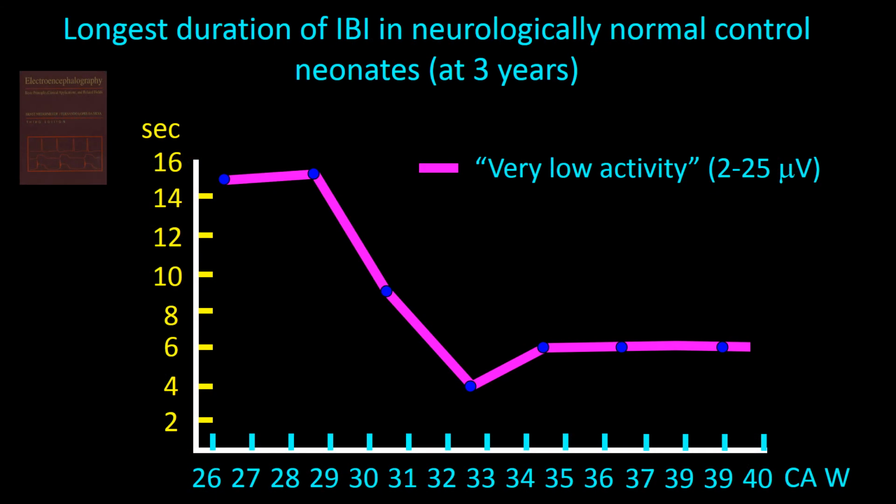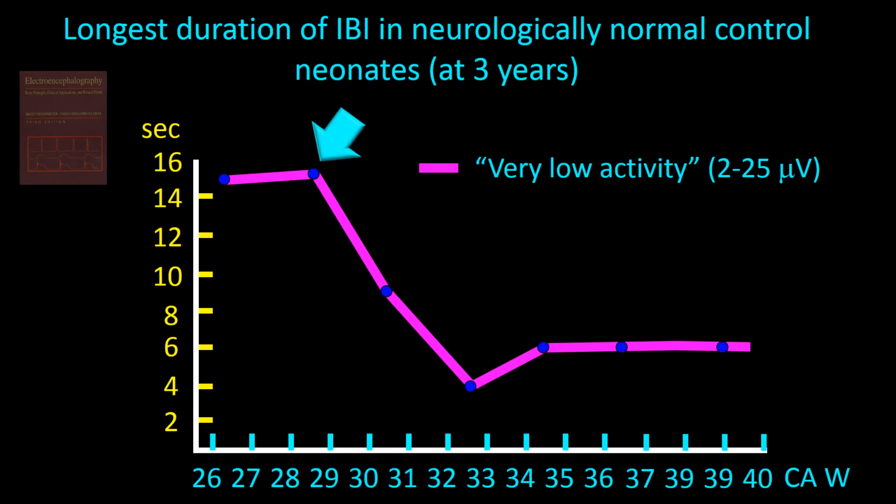But that is not the only values given for the duration of interburst intervals. In Niedermeyer's book, the longest mean with plus or minus standard error, whatever that is, interburst interval duration in neonates that were normal at 3 years was presented. You can see it in this frame.